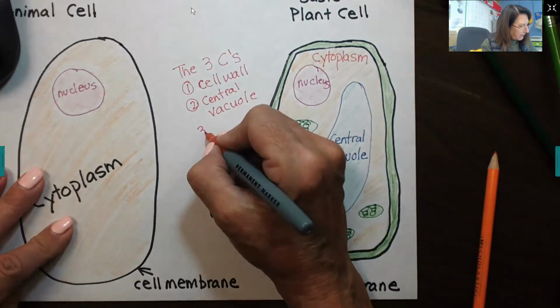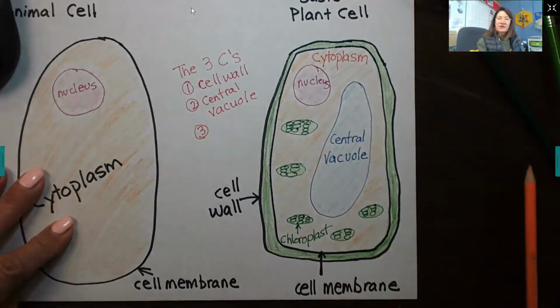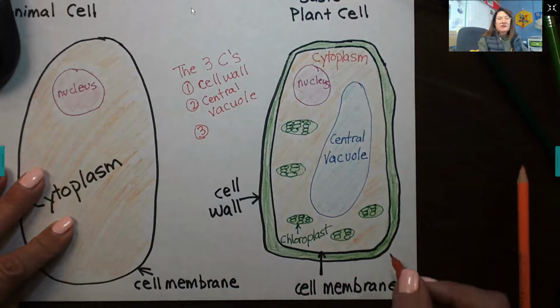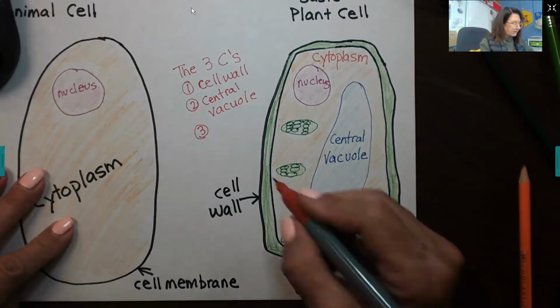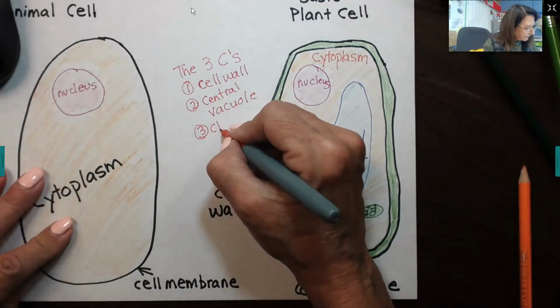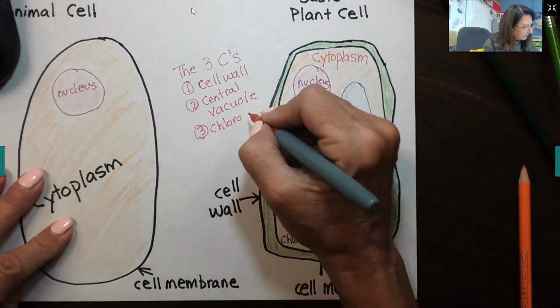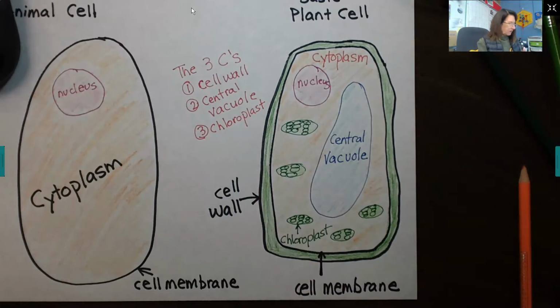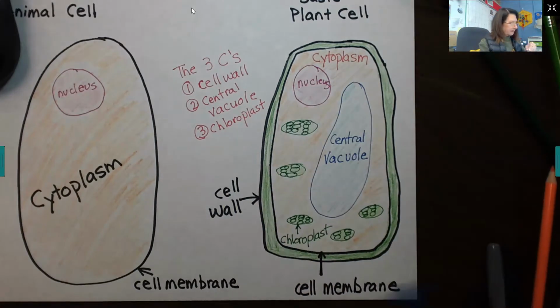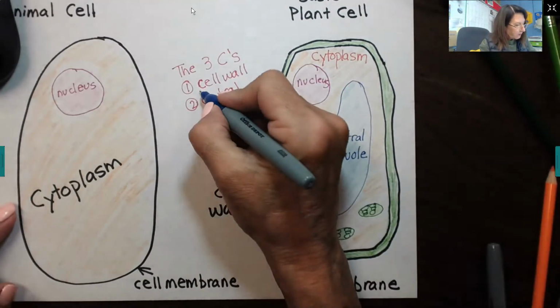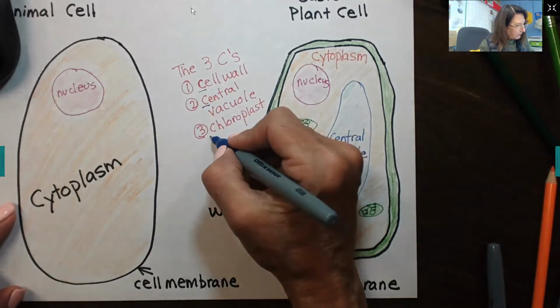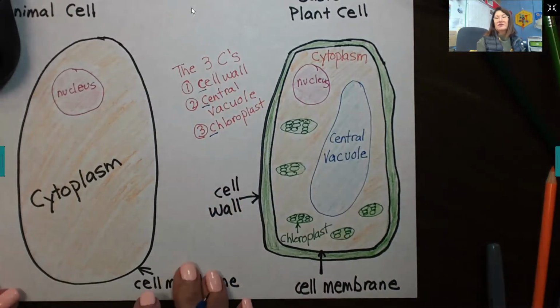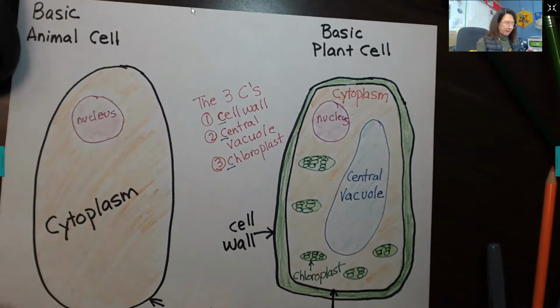And the third thing it has is the chloroplast. So if I look here, I have 3 C's, right? 1, 2, 3. That's an easy way to kind of remember it.